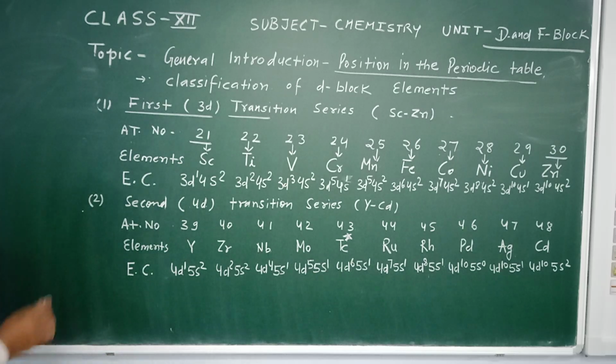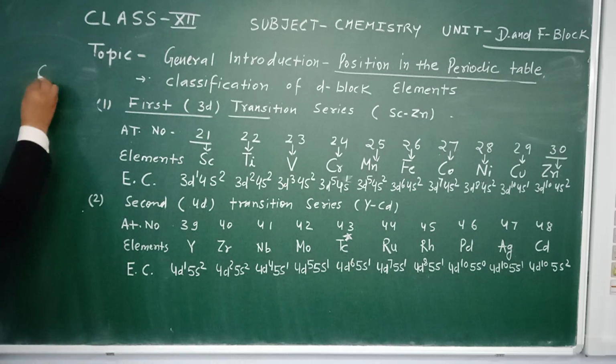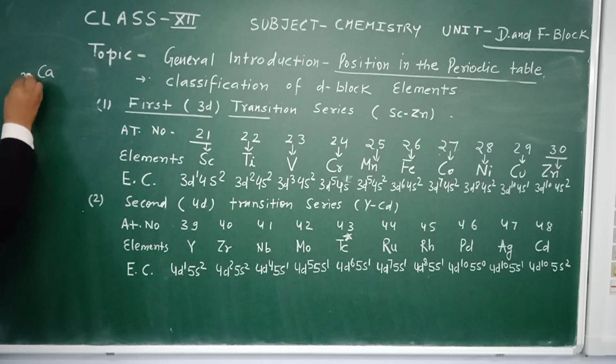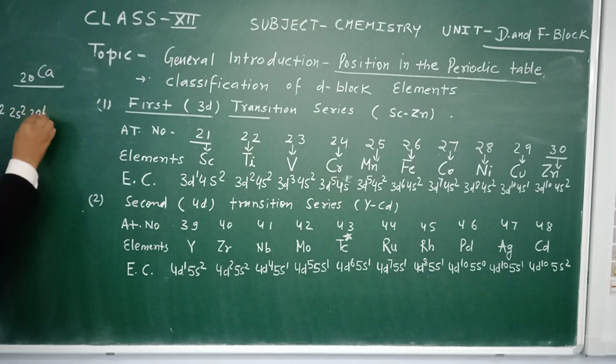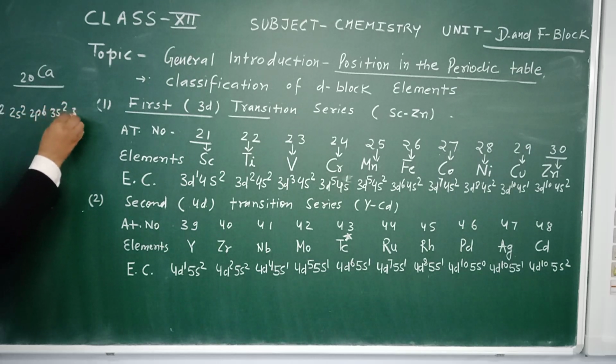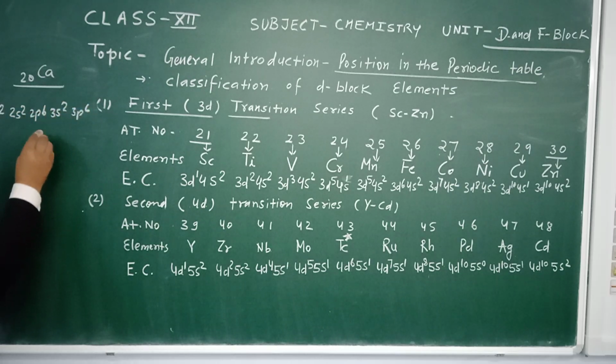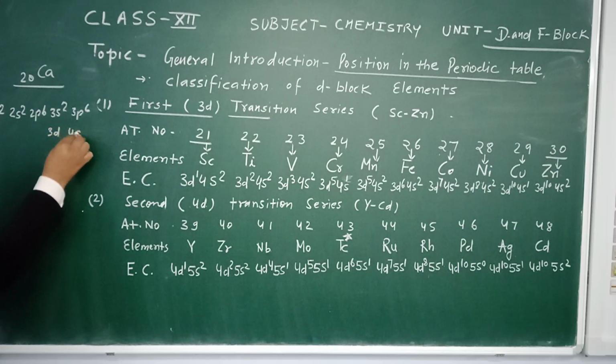We know that calcium is the element with atomic number 20, and its electronic configuration, written in complete form starting with 1s2, 2s2, 2p6, 3s2, 3p6, then comes 3d and 4s.